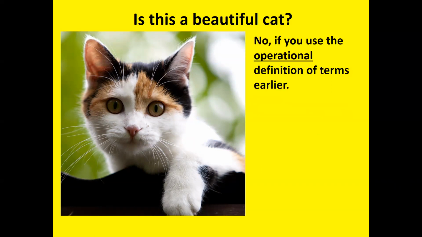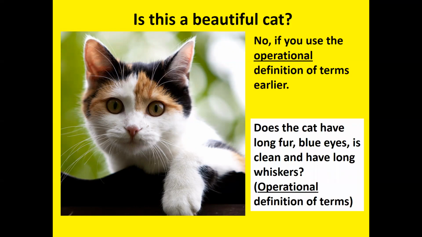But if you use operational definition of terms that we have just now, let's come back to it. Does the cat have long fur, blue eyes, is clean, and have long whiskers? Does it fulfill all the criteria that we worked on just now?